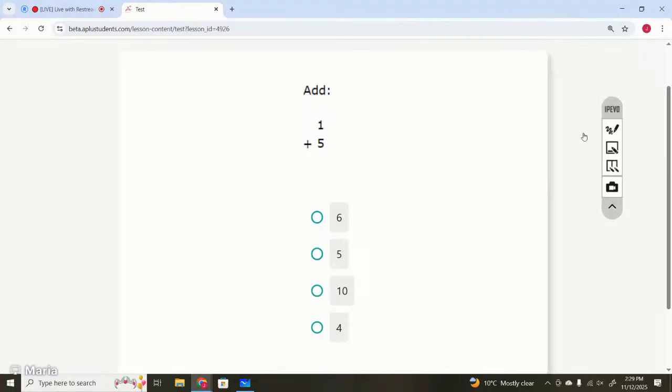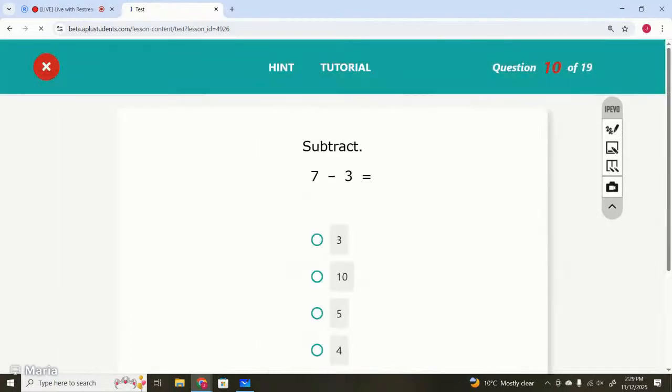Five plus 1. 6 it is. The correct option is 6. Okay, you can complete the lesson by yourself later today. Let me just move on to next lesson.